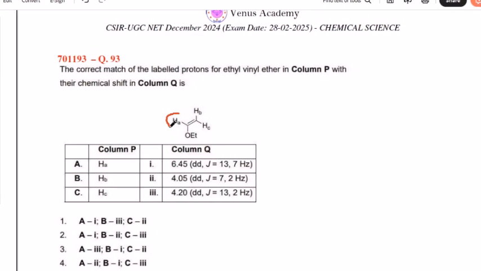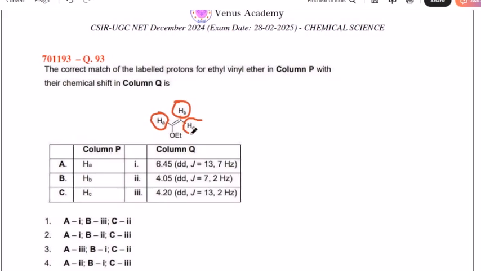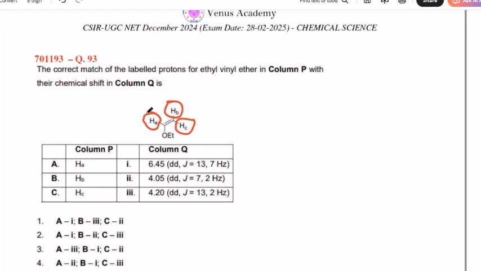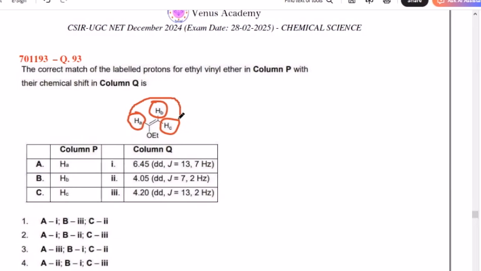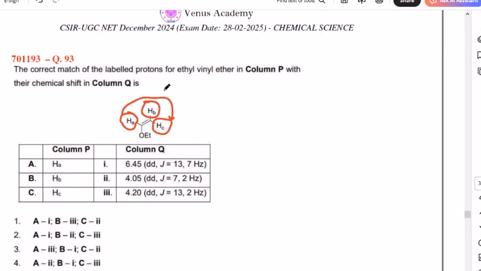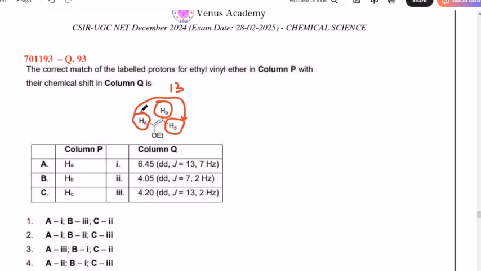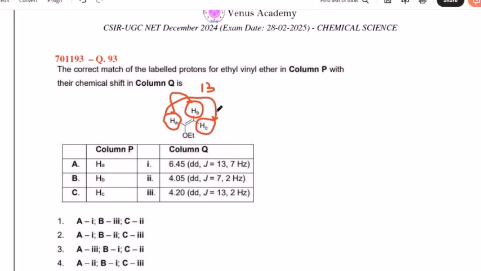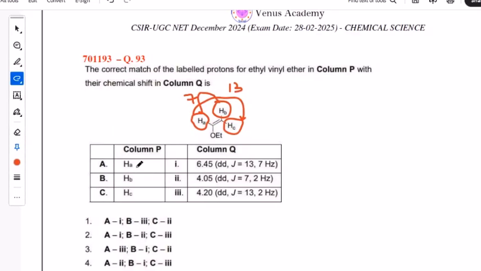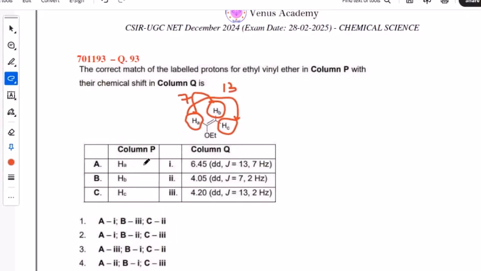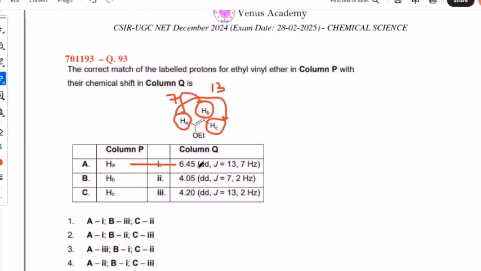So this is A, this is B, this is C. If I take A, this is going to give a doublet of doublets with a J value of about 13 for trans coupling. With B it is going to be cis coupling, about 7. So A is 13 and 7, right? And the value for this is going to be 6.45, right?